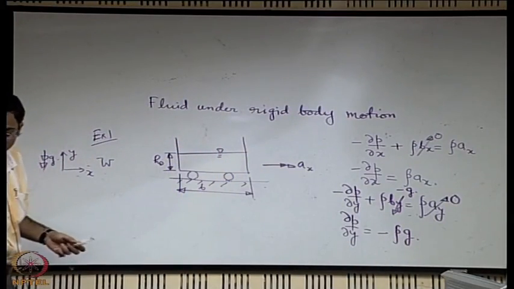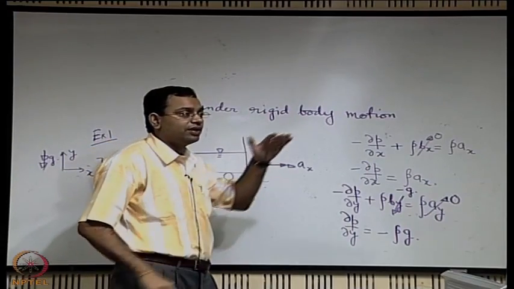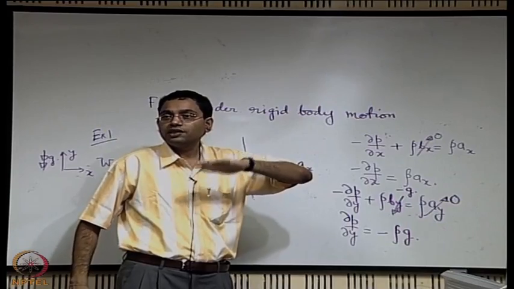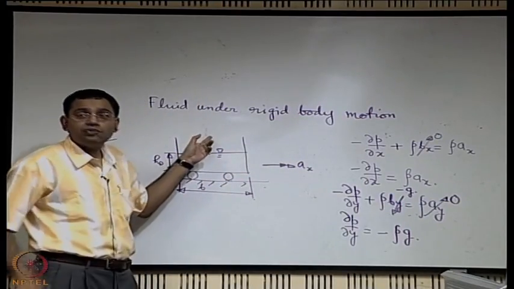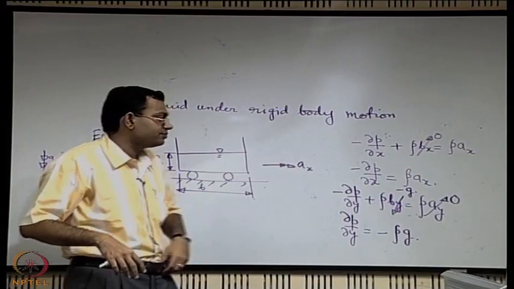Now when you have a free surface, the free surface is characterized by what? The free surface has the same pressure throughout, because it is exposed to the atmosphere which has the same pressure throughout. So there is a pressure equilibrium between that and the atmosphere.